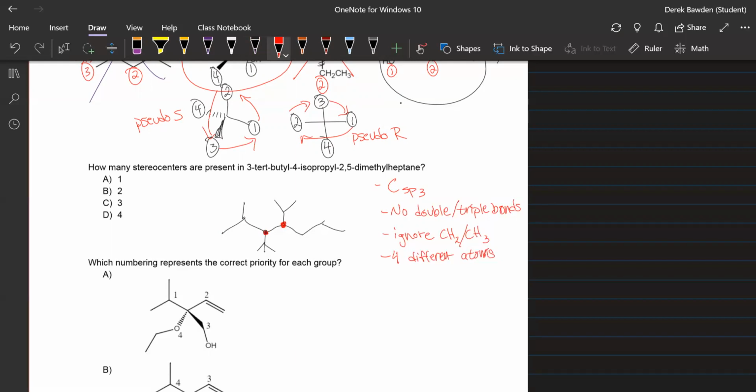So that one is not a stereocenter. This one's a CH2, so we can ignore it. CH2, ignore. CH3, so we can ignore it. I think there's one more on that one. Oh, let's see, we did have carbon 5. Yep. That one would be one right there. Those are our 3 stereocenters.